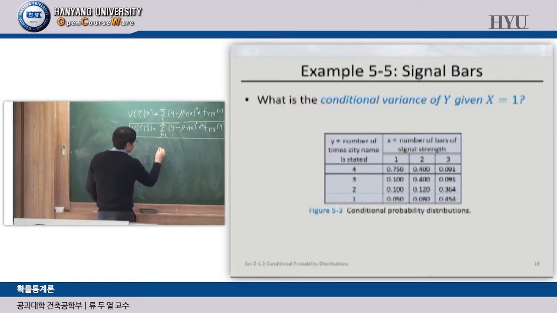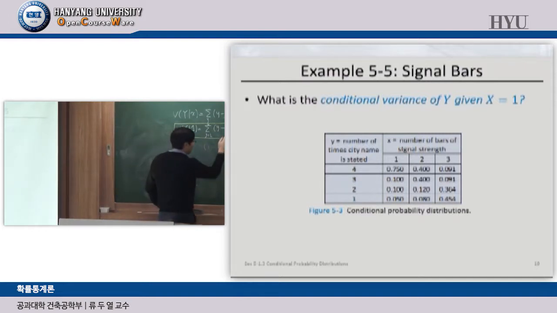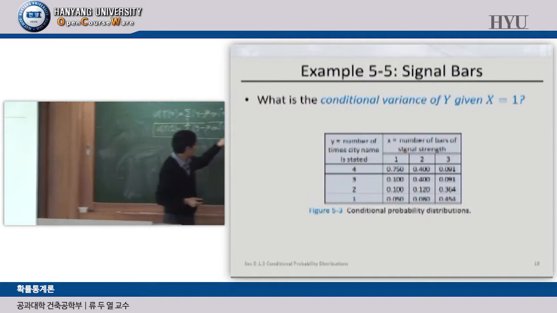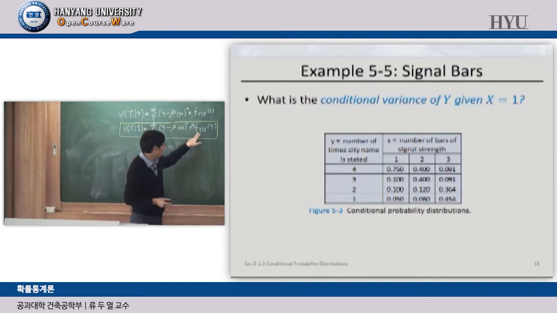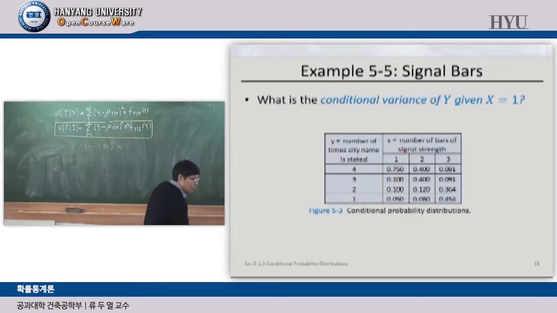That is 1 minus the conditional mean. There was 3.55. In the previous class, we already calculated this mean. So that is 3.55 squared times the conditional probability mass function of Y given x equal to 1 when y is equal to 1, which is 0.05 here.